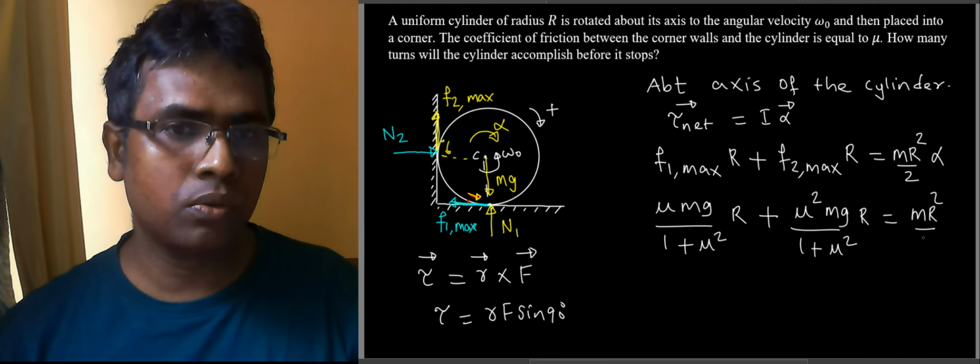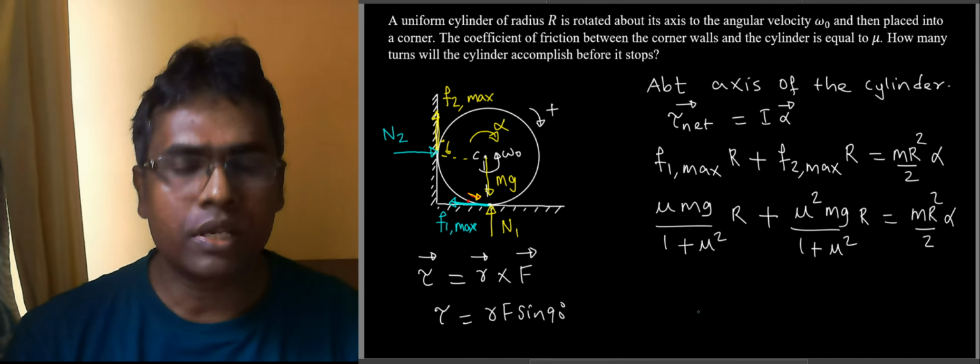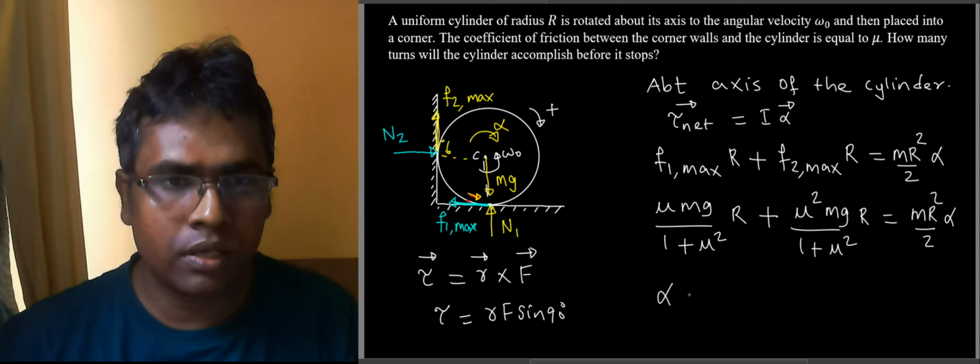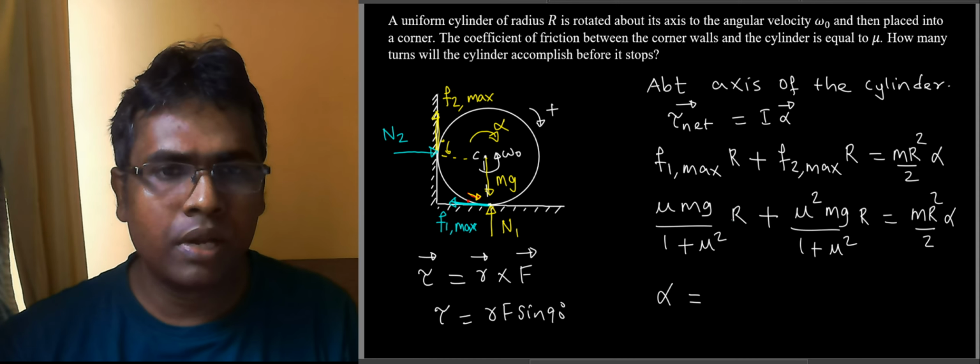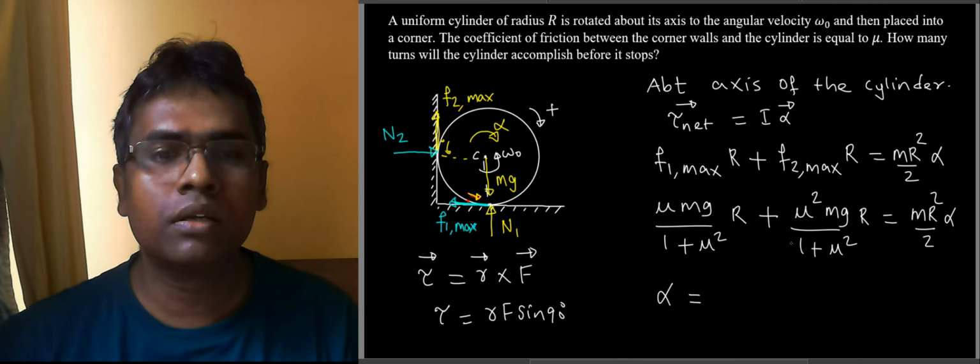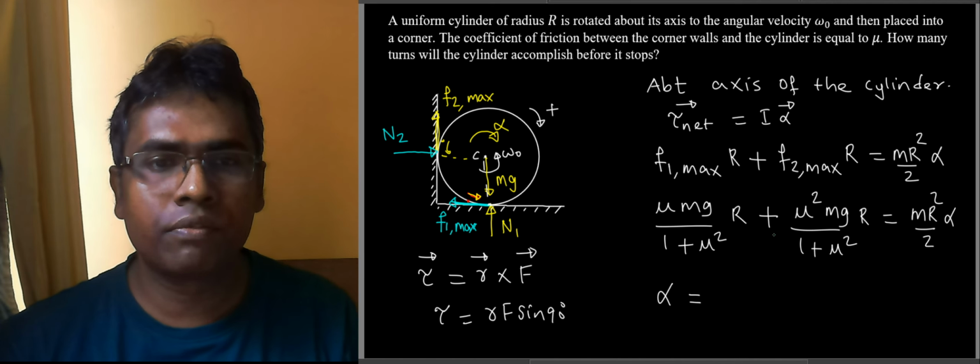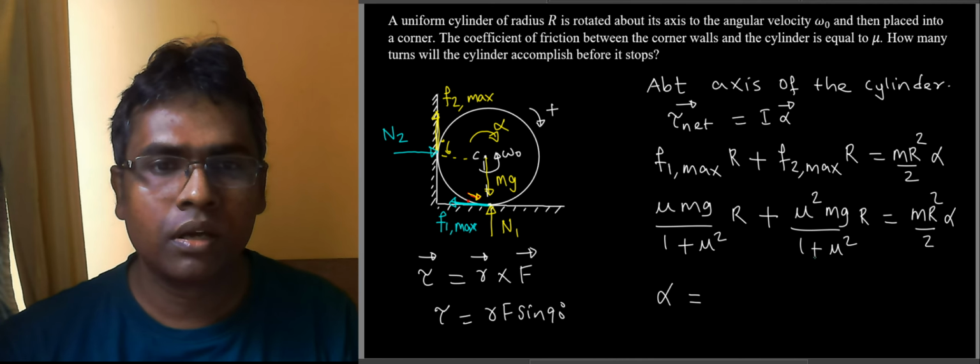square by 2 alpha. Now what is alpha? We can eliminate R on either side, and mass also can be eliminated. So if we look at it, what do we get?